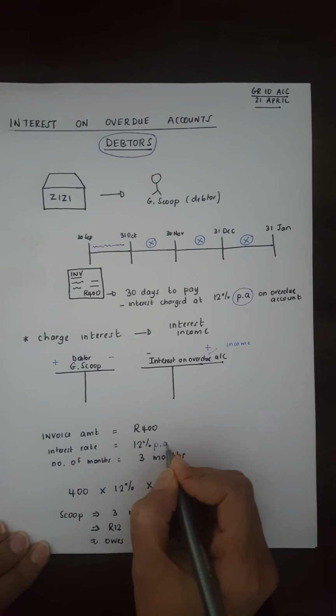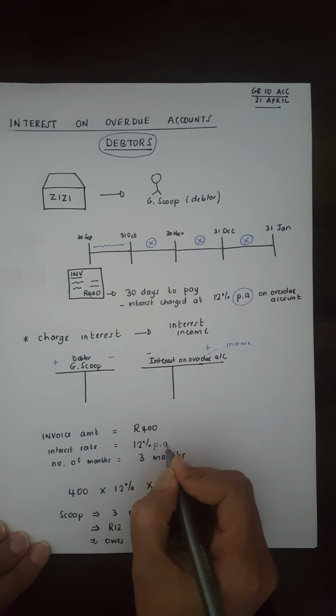The easy way to remember in accounting is to multiply by 3 divided by 12. The 3 is the number of months that he needs to pay, then you have your interest rate and your invoice amount. When I do my calculation, this 12 Rand is what he's owing us for 3 months.